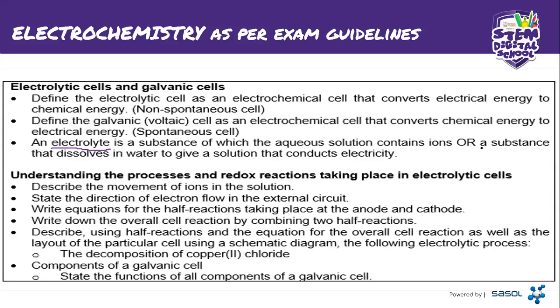We'll say an electrolyte is firstly a substance altogether that dissolves in water to give a solution that conducts electricity. So, my dear learners, you will remember that an electrolyte conducts electricity. So for you to actually have an electrolyte, you need to take a substance, it could be in a solid form, and dissolve it in water.